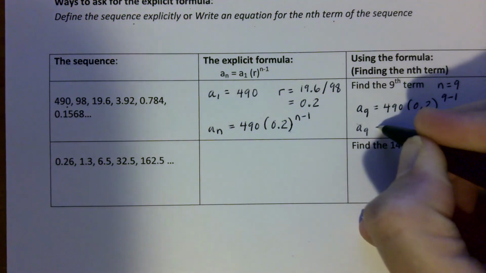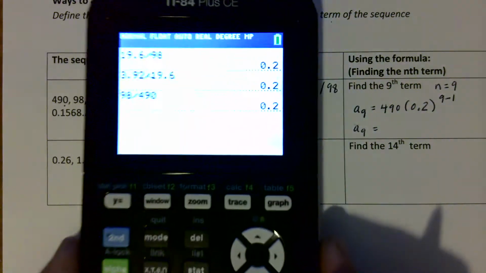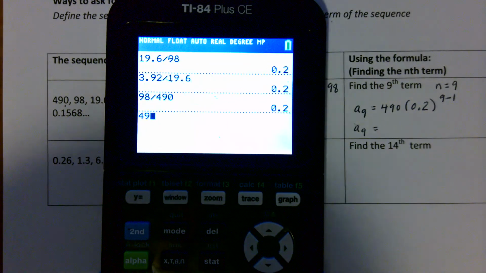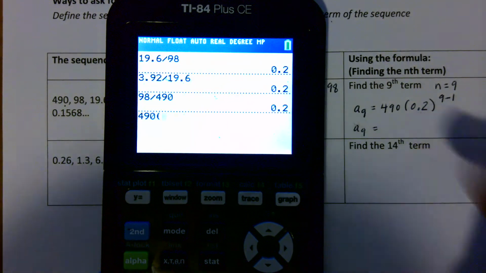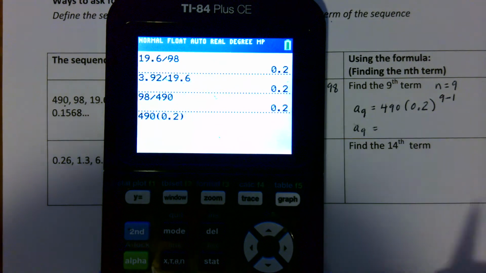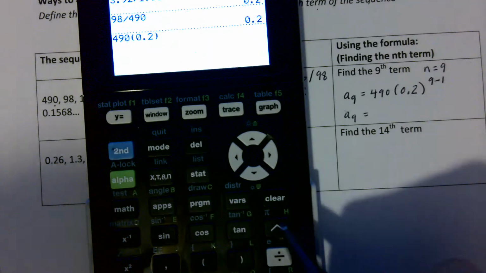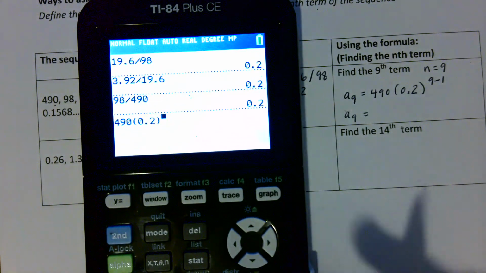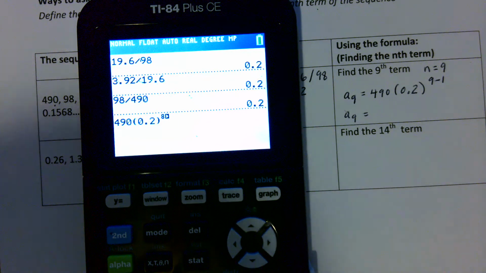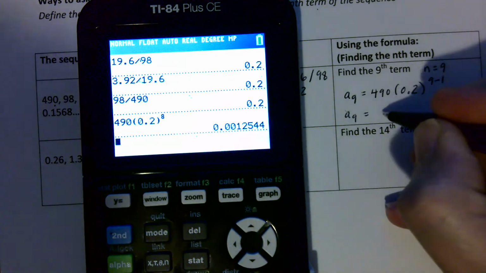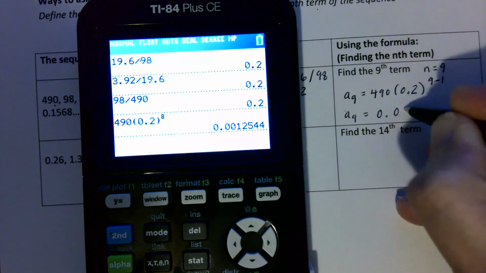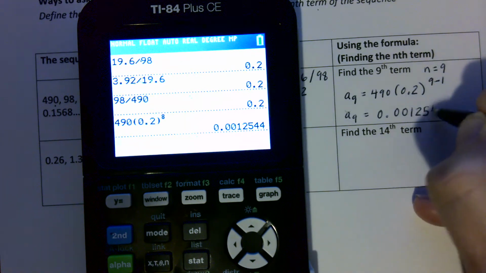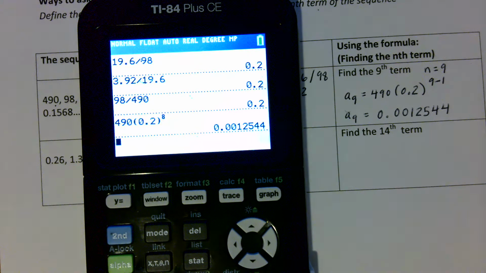Again, we get our calculator: 490 times our common ratio, 0.2, to the, using your caret to put it to that power, 9 minus 1, which is 8th power. And this is our answer, 0.001254. That's all you need to do to find any term of a geometric sequence.